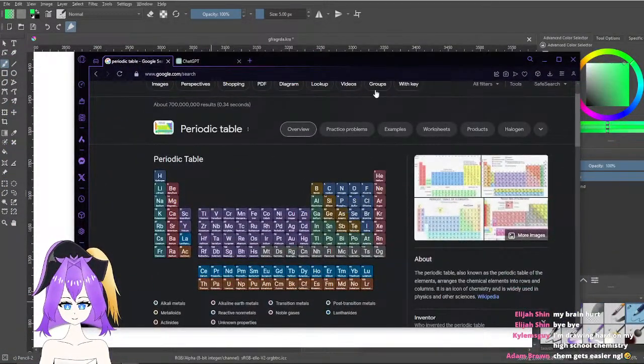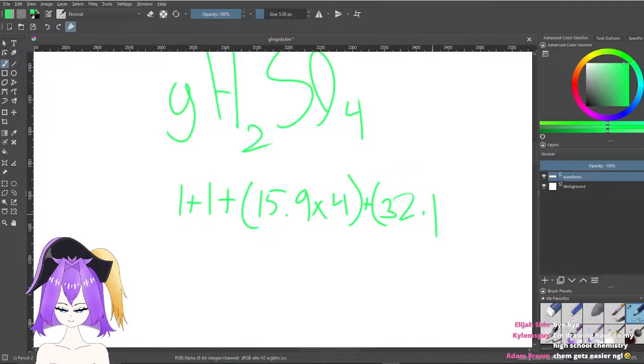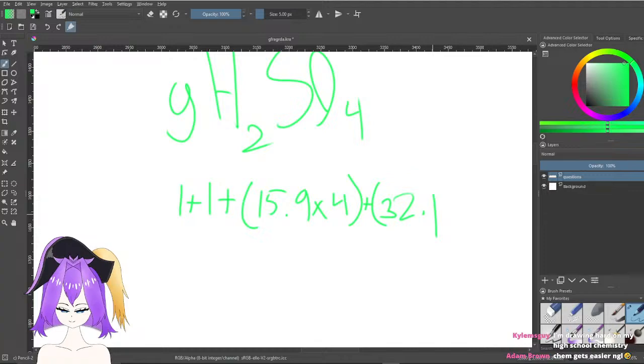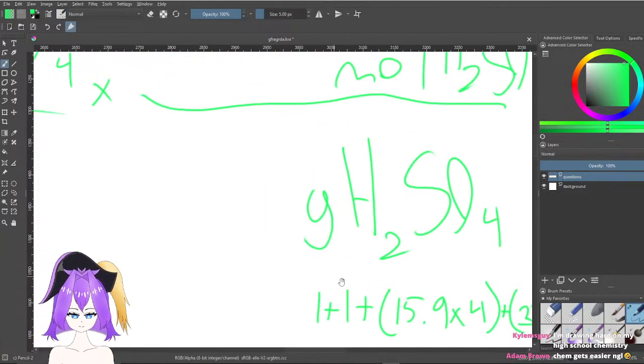Okay, sulfur I'll treat as 32.1. So 1 plus 1 plus 15.9 times 4 plus 32.1 gives me 97.7.